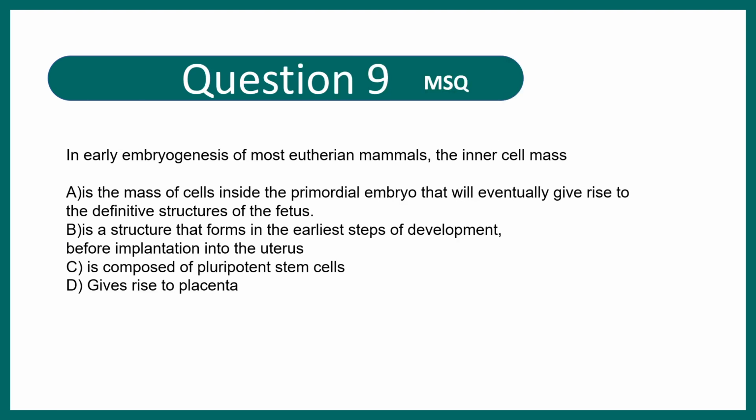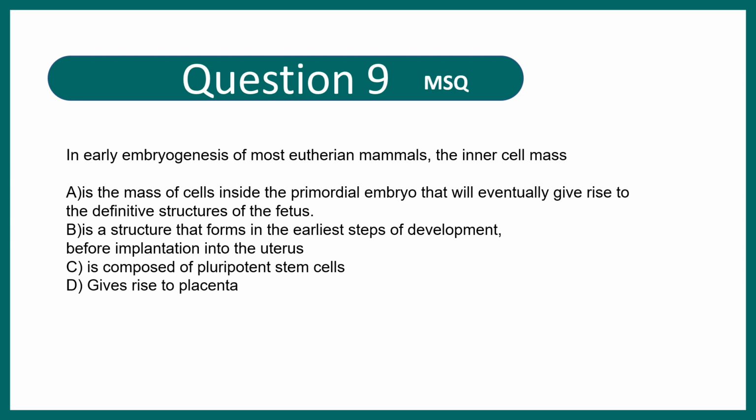The last two questions would be MCQ type questions where multiple options could be correct. So be very careful about it. In early embryogenesis of most eutherian mammals, the inner cell mass is the mass of cells inside the primordial embryo that will eventually give rise to the definitive structure of the fetus.